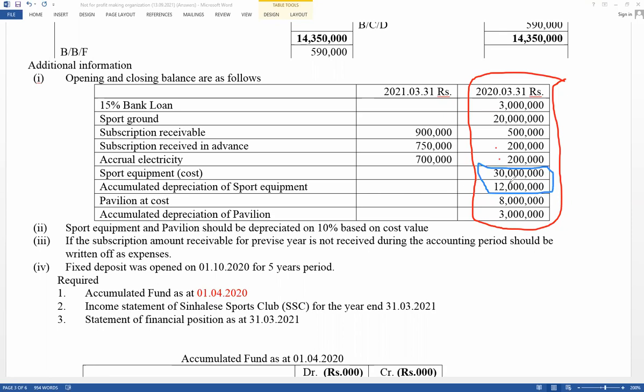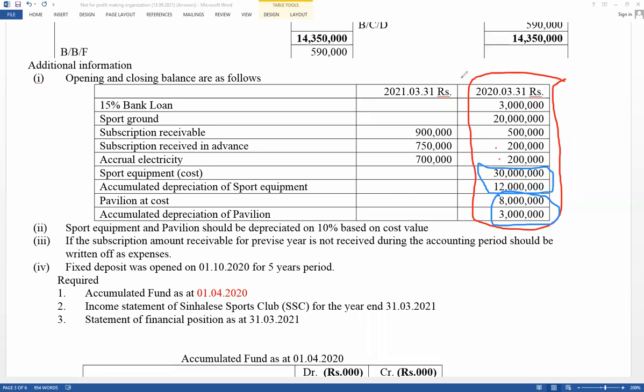Pavilion is the same way. Pavilion is also given with cost value and accumulated depreciation separately. Therefore, net book value should be recorded after deducting accumulated depreciation. Those are the opening assets and liabilities that should be included.